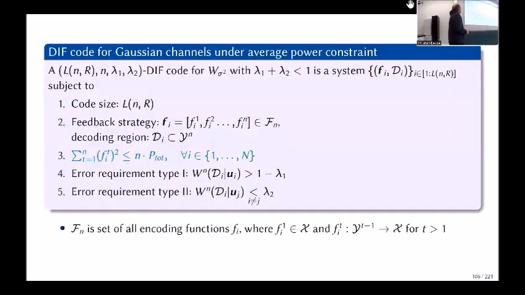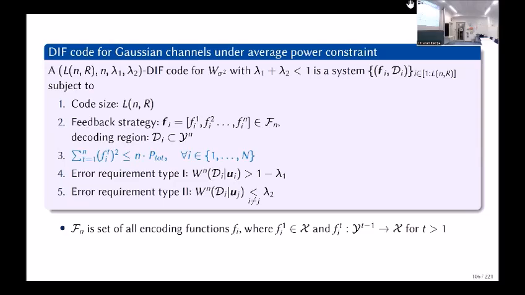And we again define an (M, N, lambda 1, lambda 2) code, with L(N, R) because of the scaling, you know that's important. So N is the block length, lambda 1 is the error of the first kind, as normal for transmission, and lambda 2 is the error of the second kind.